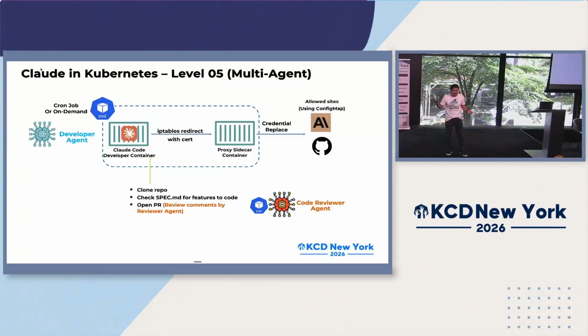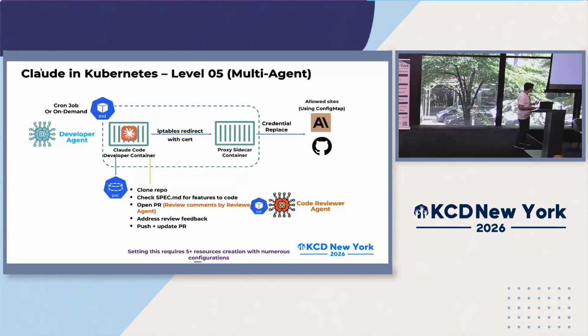I never told my manager, I'm writing a fancy harness to insert orders into the table. It's basically delivered a code. Same thing, when we say dream mode, it's a nightly batch job. When we say memory, it's basically storage. So in Kubernetes, storage is PVC, right? So now we are adding the persistent volume to the developer container so it can remember what it did before and continue from there.